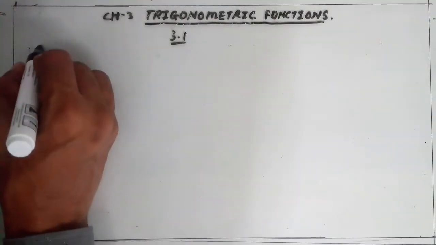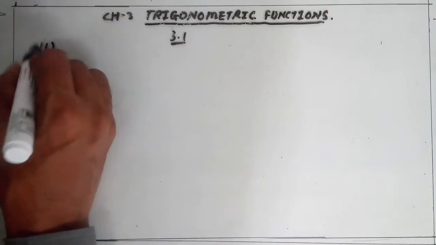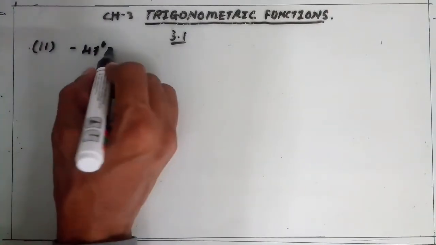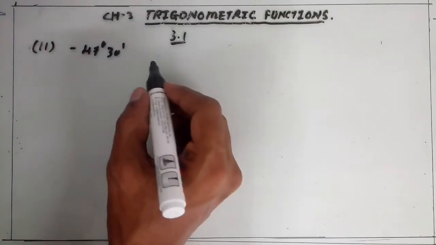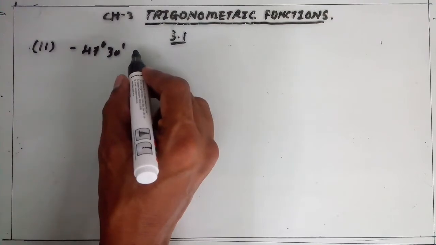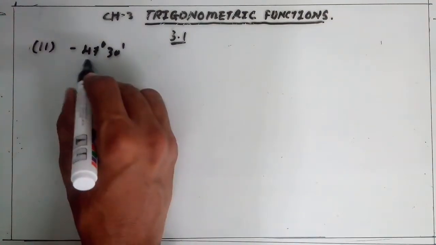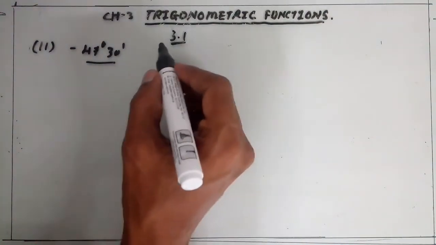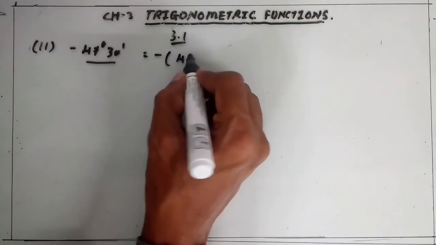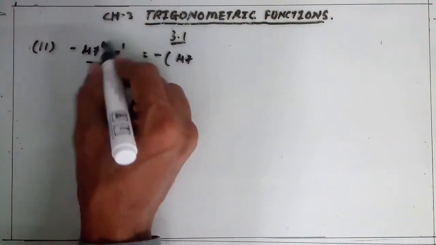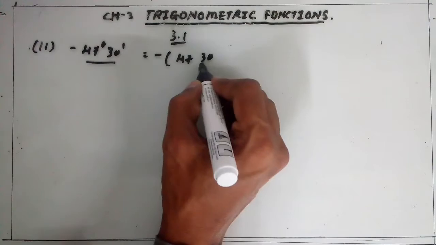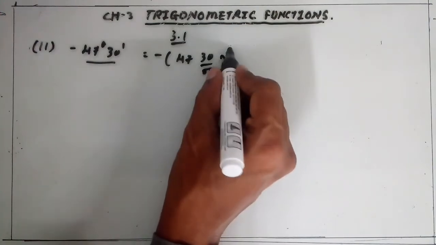Now next, number second, minus 47 degree 30 minutes. Change into radian form. First we change this into the simplest form, minus 47 degree. Now minutes change into degree form, 30 upon 60 degree.